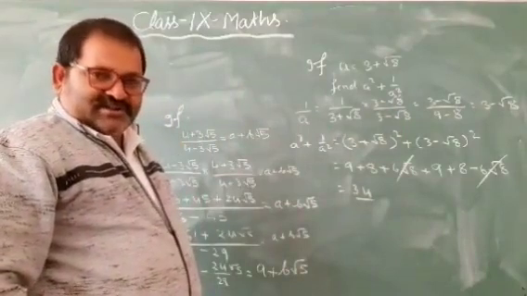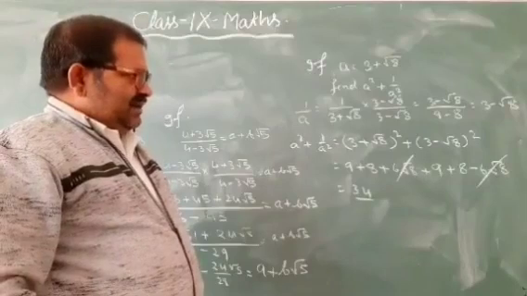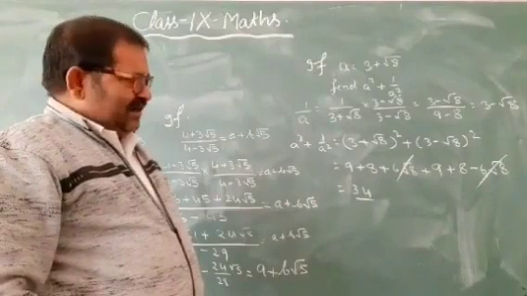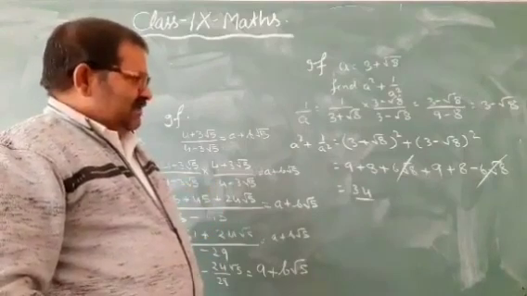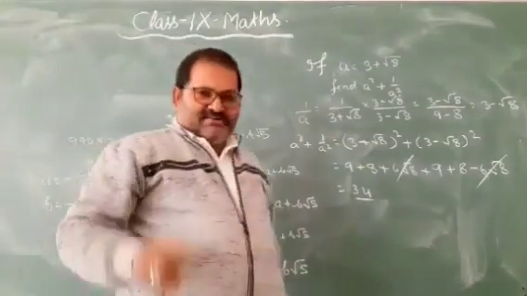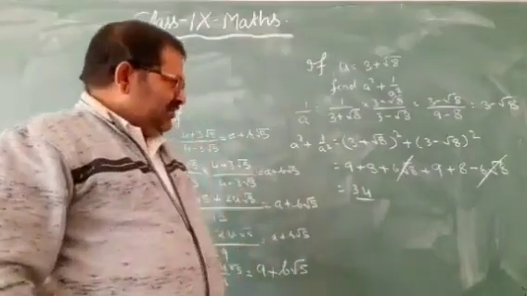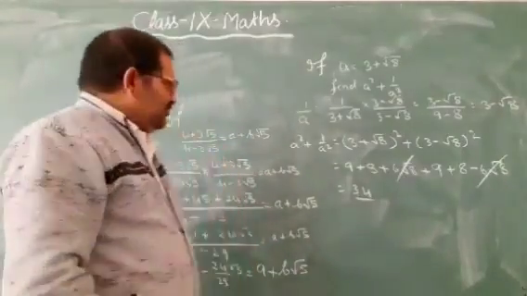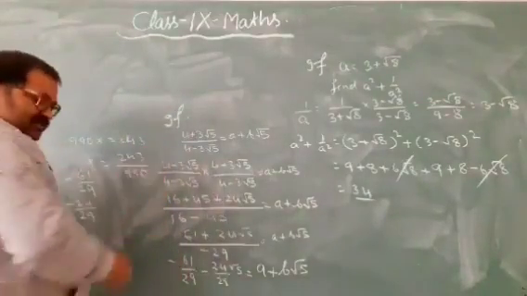Denominator is 3 plus root 8. So that's equal to 3 minus root 8 upon 9 minus 8 equal to 3 minus root 8. And we substitute the value of a square and 1 upon a square and we get the result of 34. Clear? Now the next question.